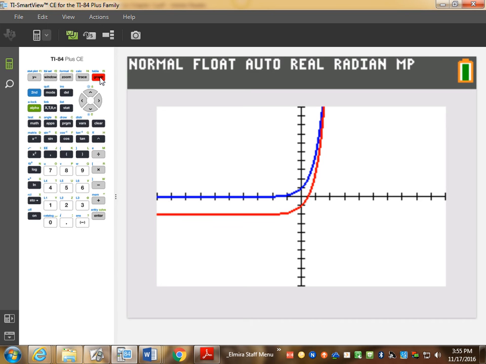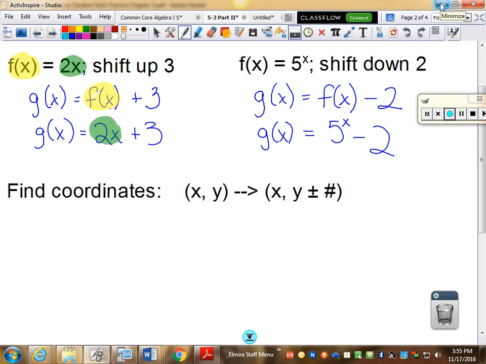I can see that the red function is the shifted down function, and at any given point, the x values are the same, but the y values shift down 2. So what this notation is doing right here is giving us a way of showing what the coordinates do.